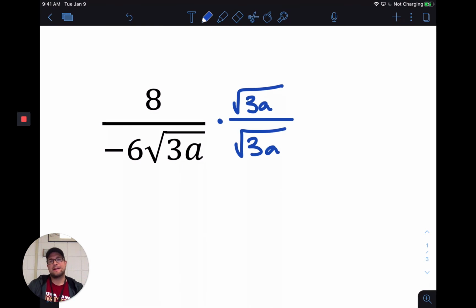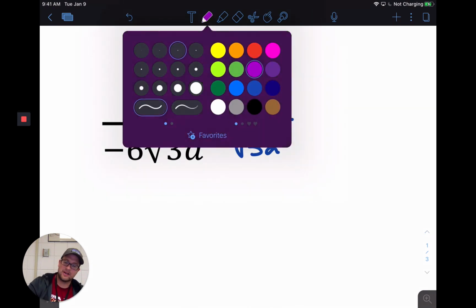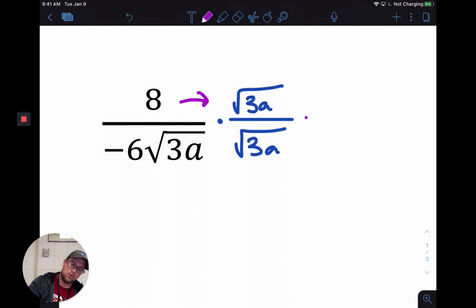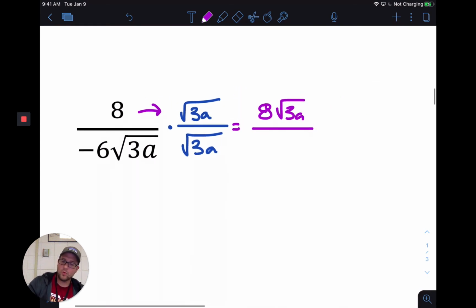So when we come back to this problem, again, we now need to multiply across. So I will have 8 square roots of 3a. And on the bottom, I'm still going to have this negative 6 on the outside. I'm going to go through this multiplication a little bit slower.